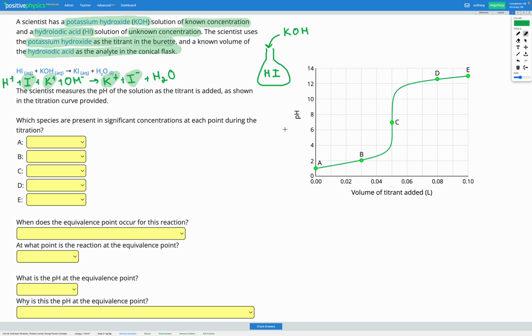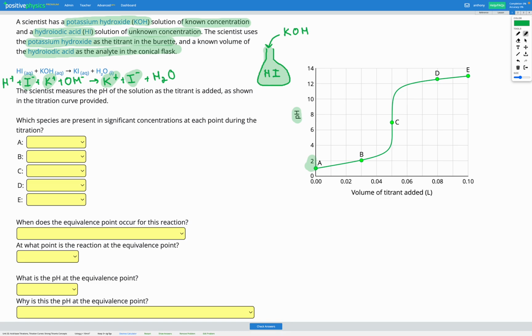Now on our graph here, we have the pH, and that's the pH of the solution in the conical flask. Because we're starting out with just acid in there, we're expecting to have a low pH to start with, which is what we see here. It's starting out way down here. And then as we're adding the potassium hydroxide, the pH is going to increase until we reach the equivalence point.